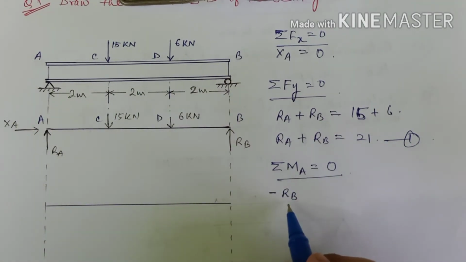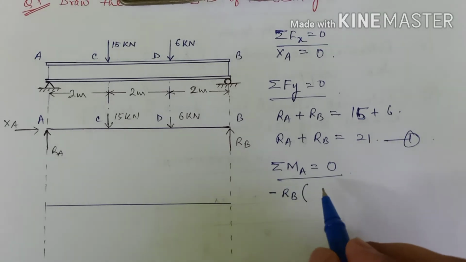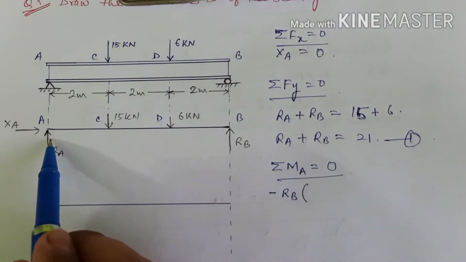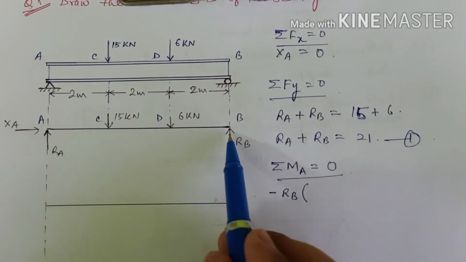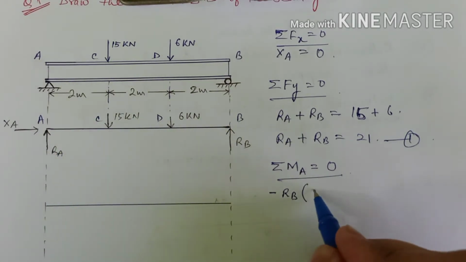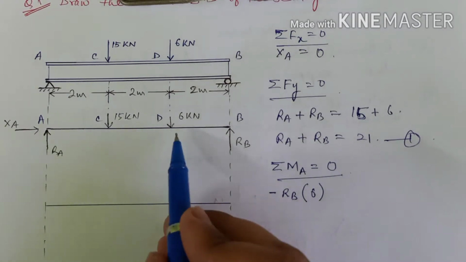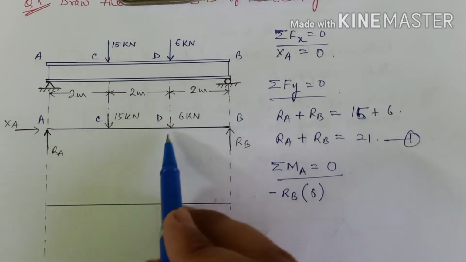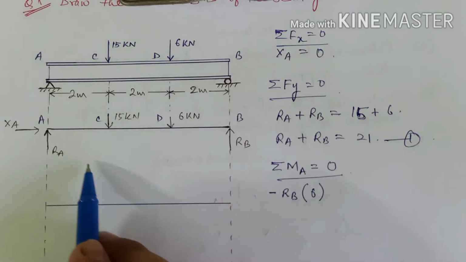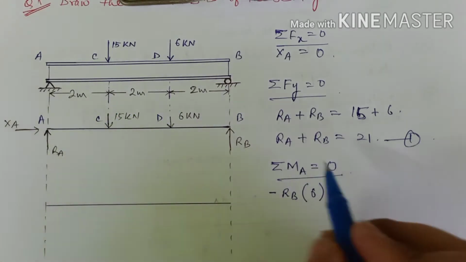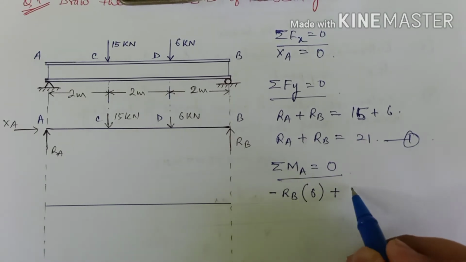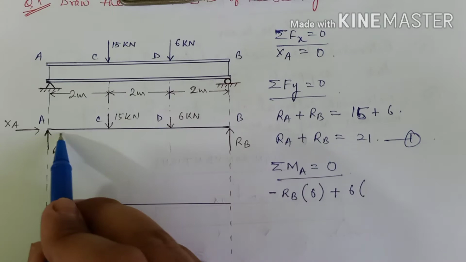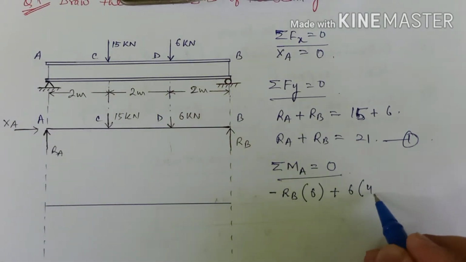So the RB moment is force multiplied by the perpendicular distance. We are taking moments from A. What is the distance from A to B? This is 2 plus 2 plus 2, that is 6. Now at point D we have a force of 6 kilonewton and it will try to create a clockwise moment, so we take it positive: 6 multiplied by the perpendicular distance, 2 plus 2, which is 4.